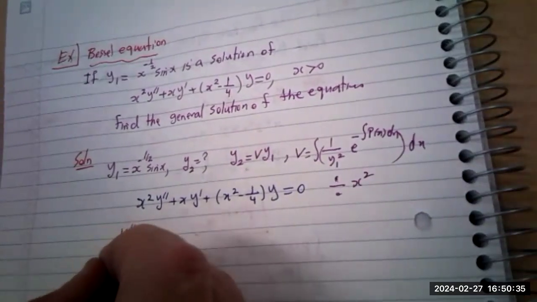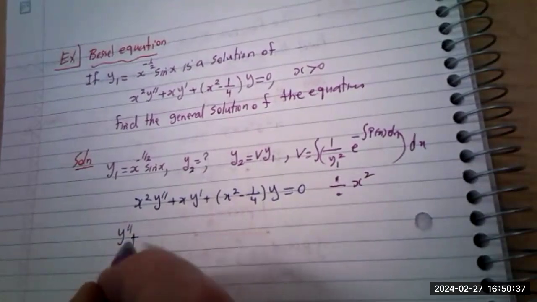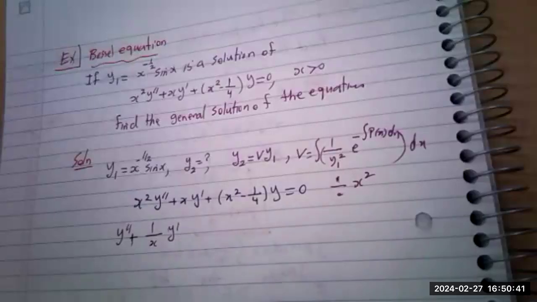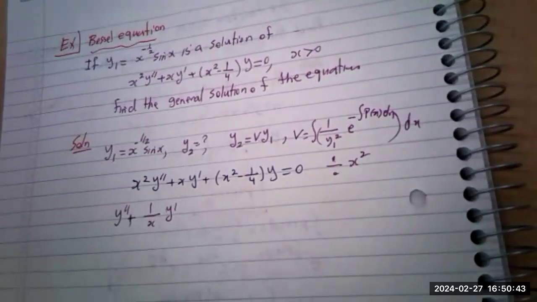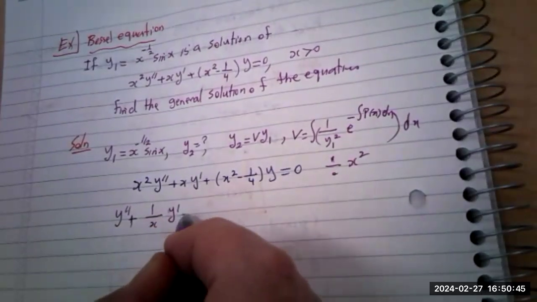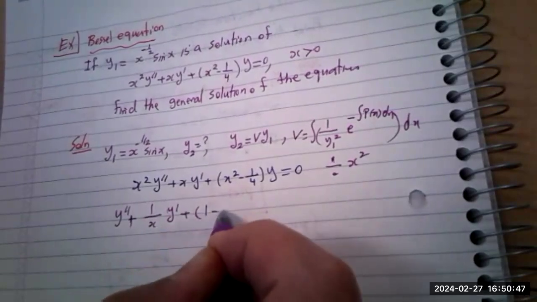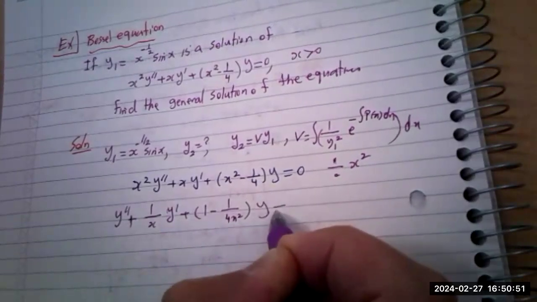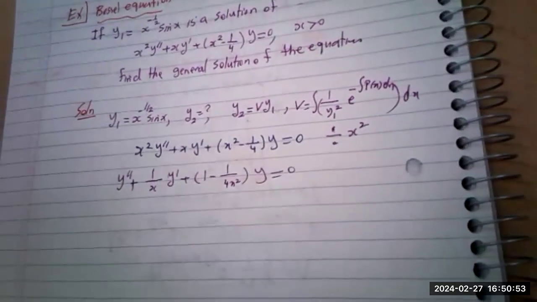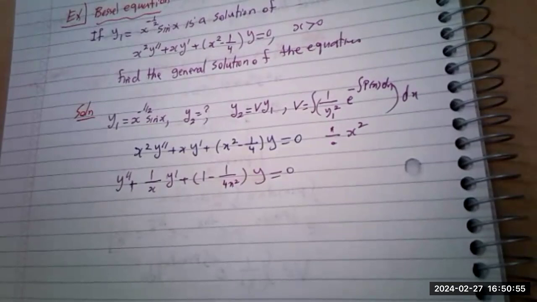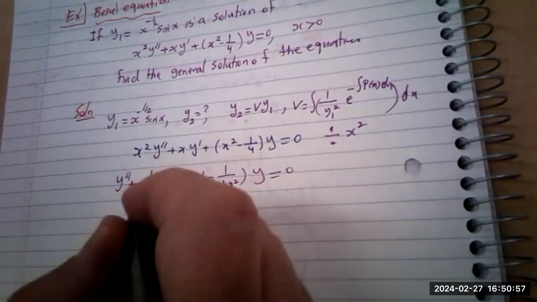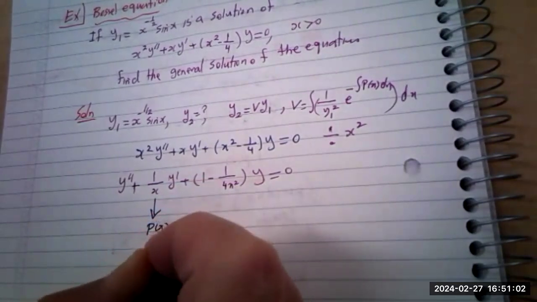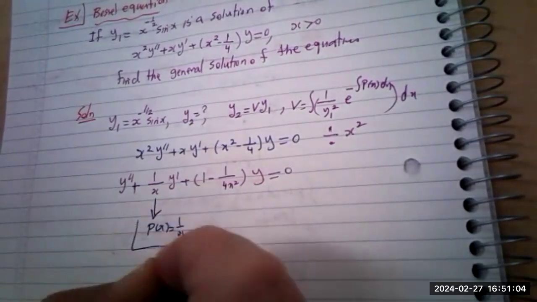You get y double prime plus, again, 1 over x y prime. The rest are not going to be important. I'm not going to use it. If you divide that, it gives you 1 minus 1 over 4x squared times y equal to 0. We are concerned with the px, the coefficient of y prime. So the px is going to be equal to 1 over x. Any questions?